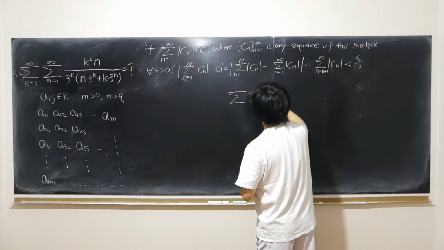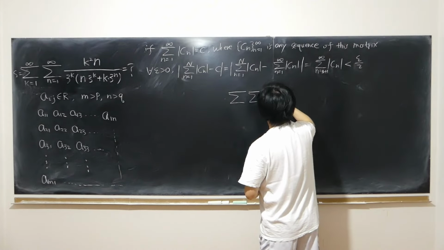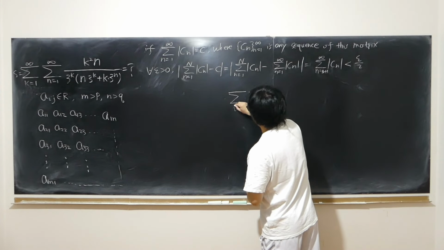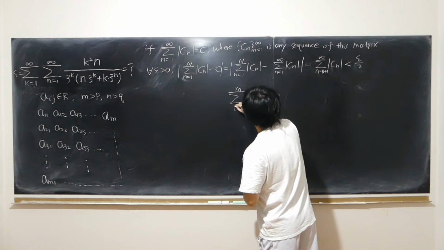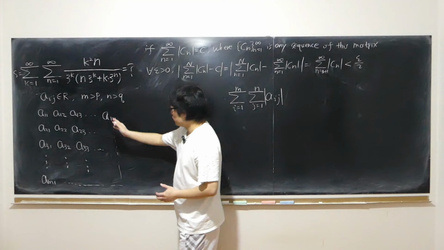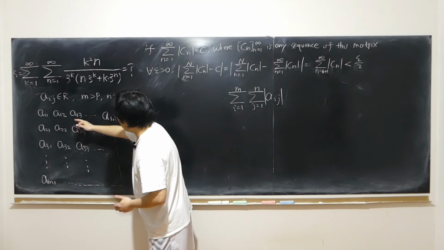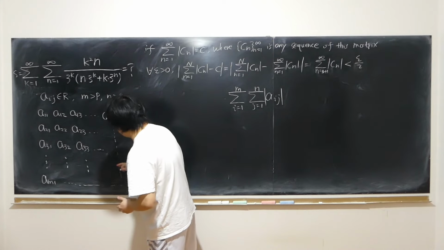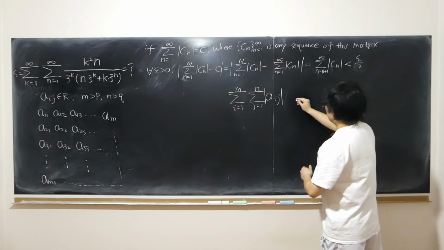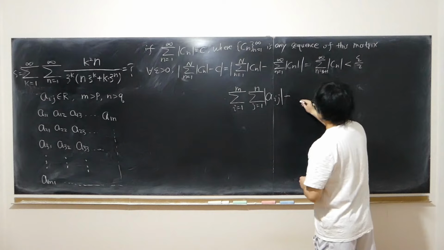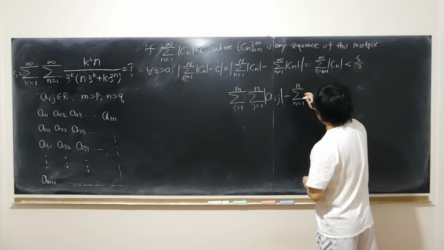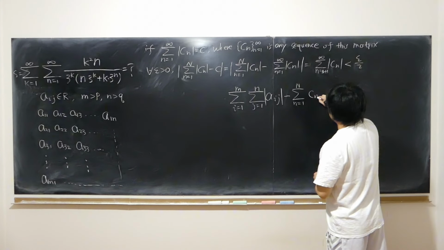This finite sum, j from 1 to N, i from 1 to N, in other words, with absolute value added to each term. We look at the sum of this finite, big enough rectangular matrix. The difference is minus this sum from n equals 1 to capital N, finitely many c's, absolute value.